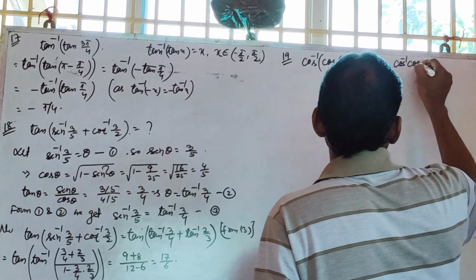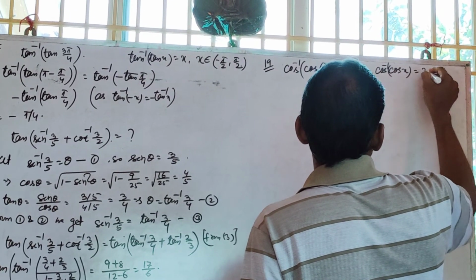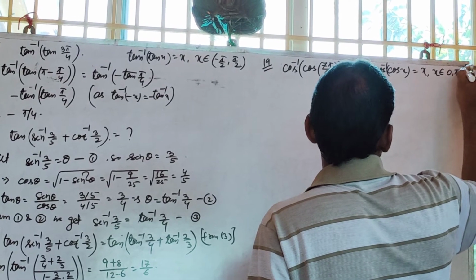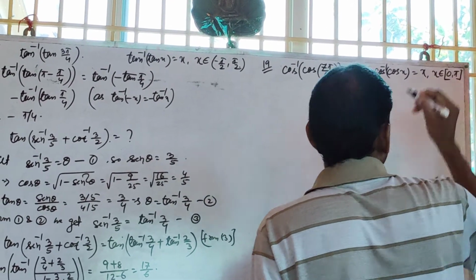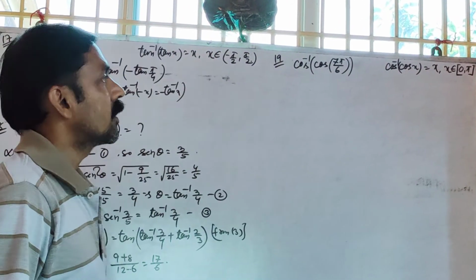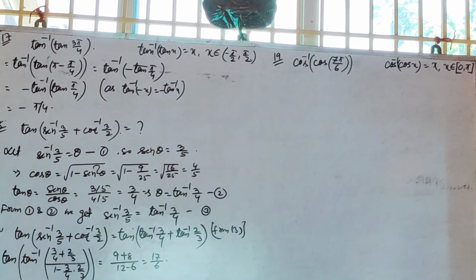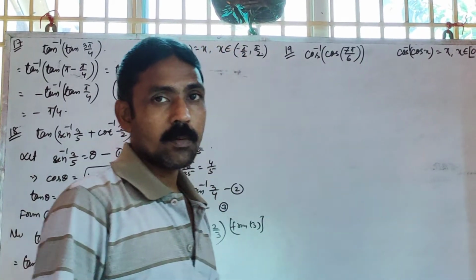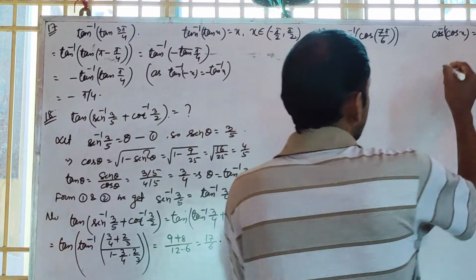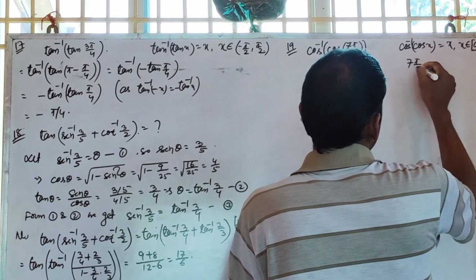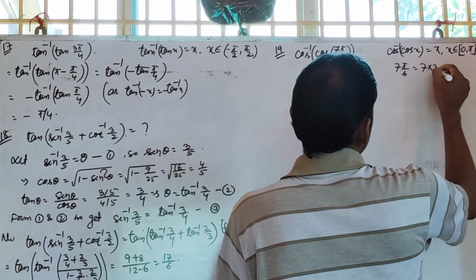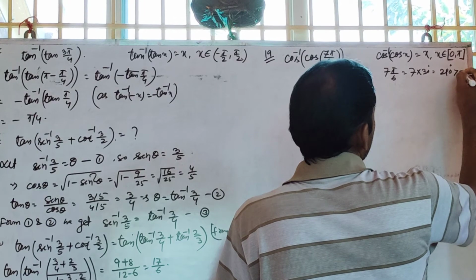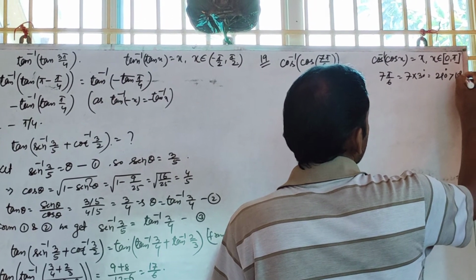Cos inverse cos x equal to x, when x belongs to 0 to pi. The angle must be within 0 to 180. But here it is 7 pi by 6. 7 pi by 6 means 7 into 30 degrees, that is 210 degrees, which is greater than 180.